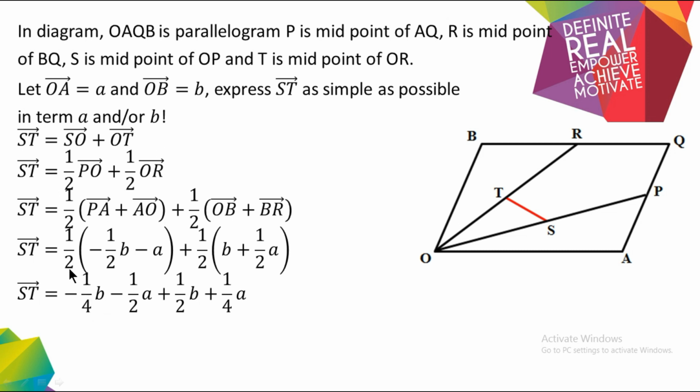A half multiplied with negative a equals negative a half of a, plus a half multiplied with b is a half of b, plus a half multiplied with a half of a equals a quarter of a. Now operate b with b and a with a. So we find that vector ST equals a quarter of b minus a quarter of a.